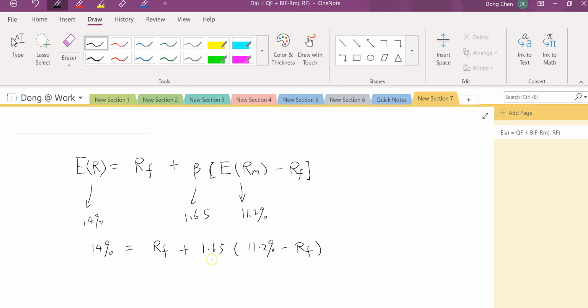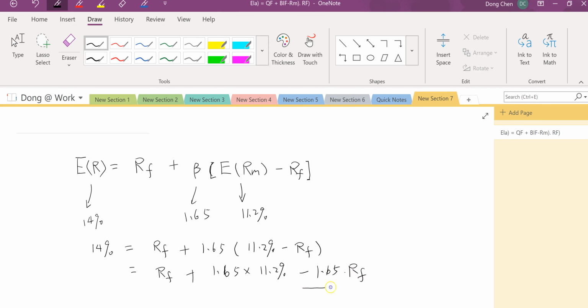If I multiply each of these two by 1.65, I end up with RF plus 1.65 times 11.2% minus 1.65 times RF.